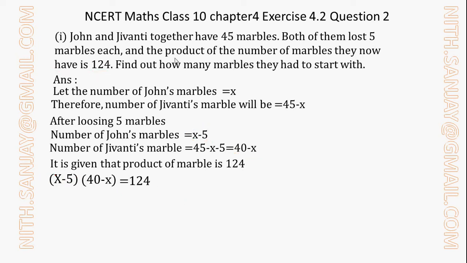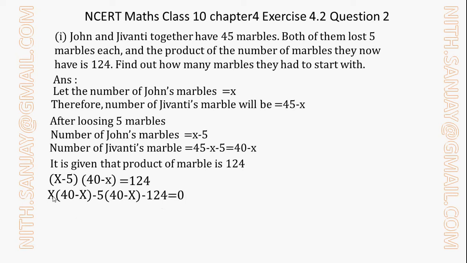Right, now we will simplify this equation. First of all I will multiply this x with these terms. So what I'll get is x into 40 minus x. Now I will multiply minus 5 to this whole term, minus 5 into this whole term, is equal to 124.